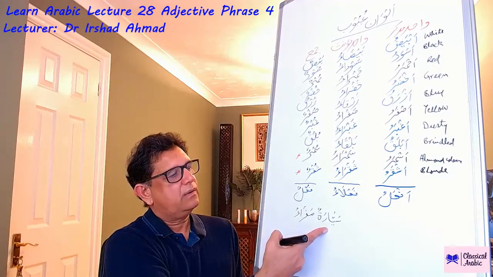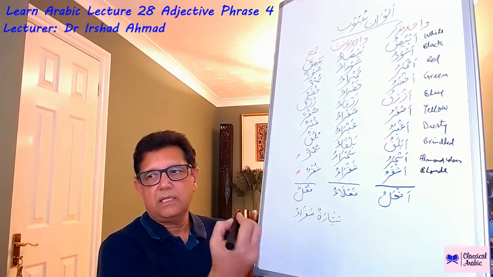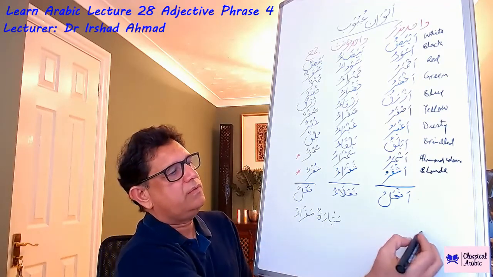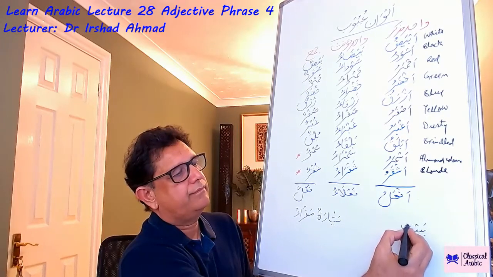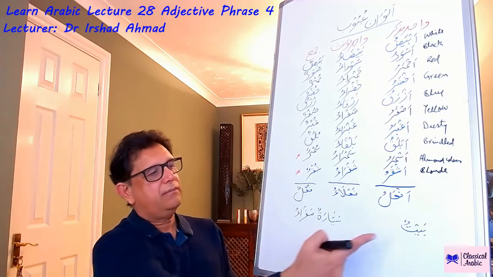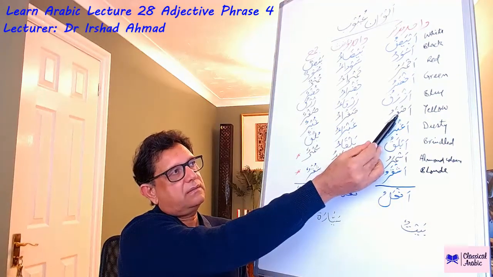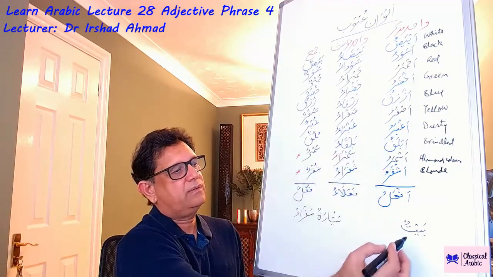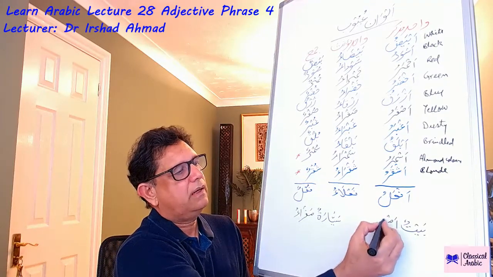A yellow car. If we want to say a yellow house, house is baytun, and baytun is muzakkar, so we are going to pick this word from here, asfaru. So baytun asfaru.